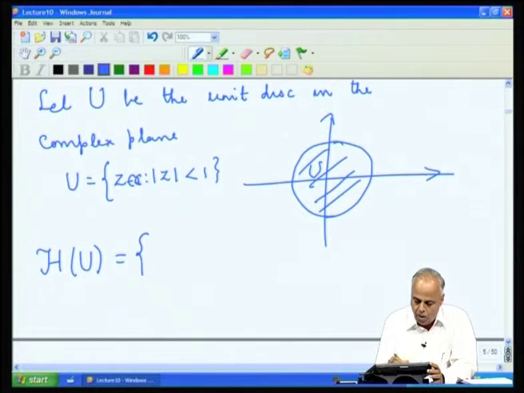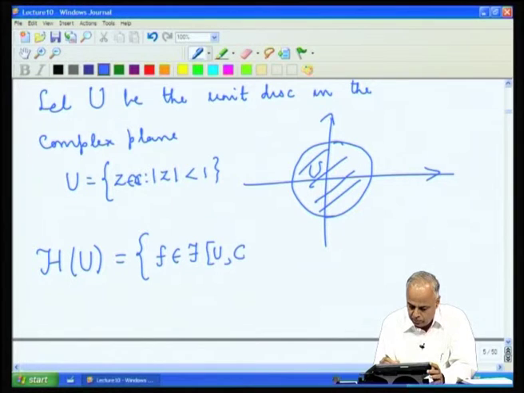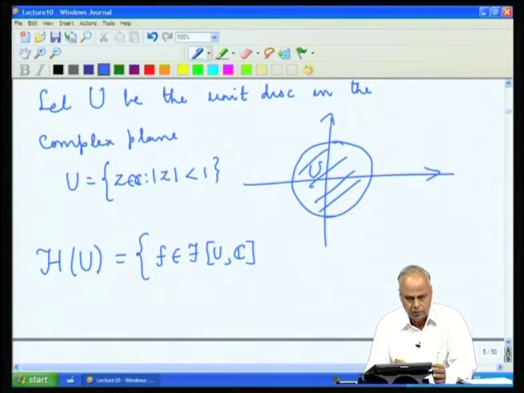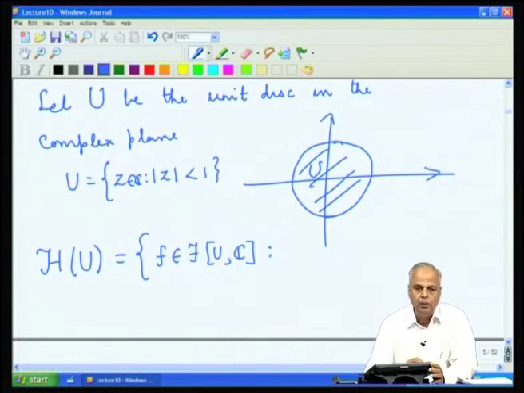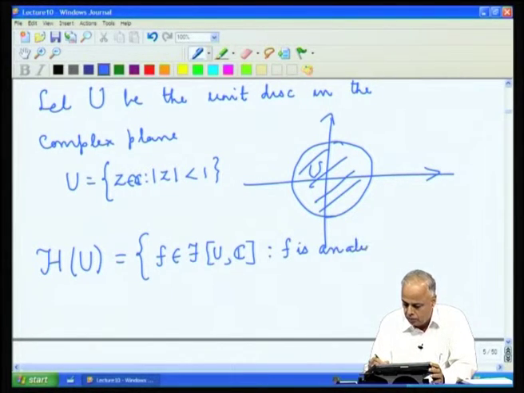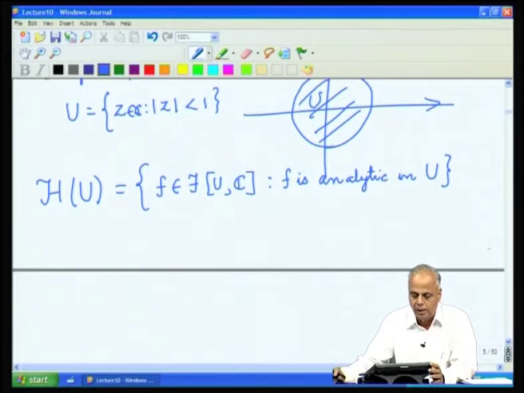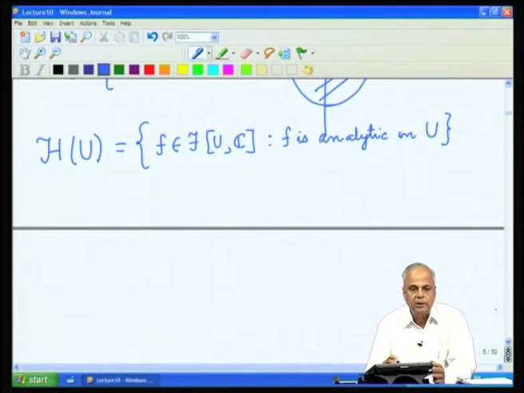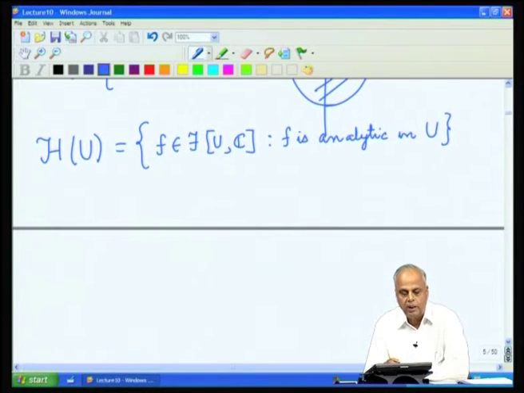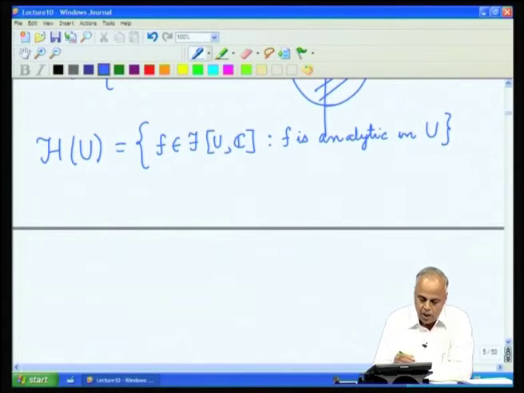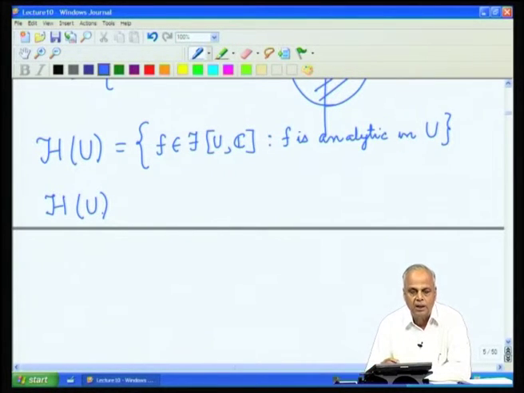Then by H(U) we shall look at functions from U to C. These are functions from U to C, but we are not going to look at all functions from U to C. We are going to only look at functions from U to C such that f is analytic in U, or holomorphic in U. Then since these are functions, we know how to add functions, we know how to multiply a scalar and a function, and with these laws, the sum of two analytic functions is an analytic function.